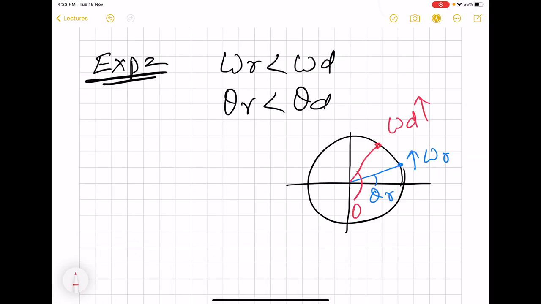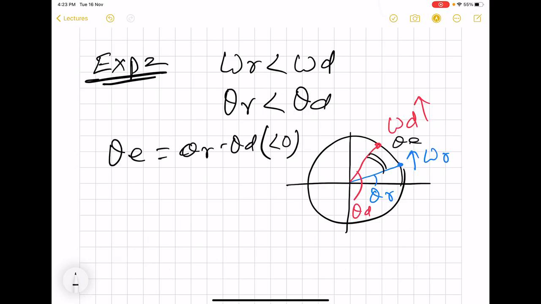So here we have theta d. So here also we see that the phase error between the two phasors, which is theta e, is going to increase with the time. So here the phase error, which is theta r minus theta d, is of course negative, and this is going to increase with the time.